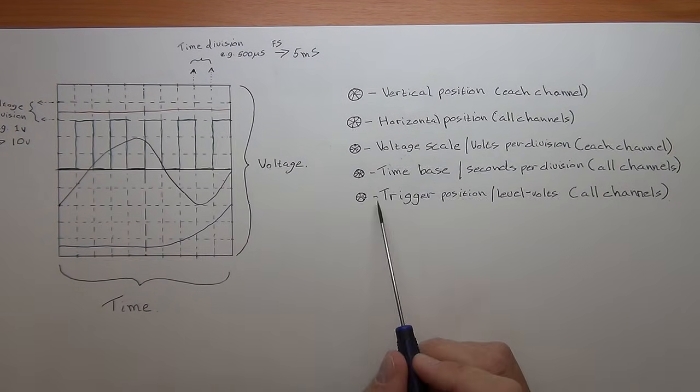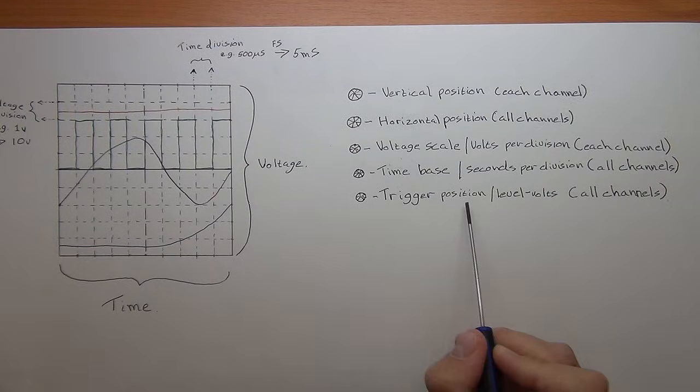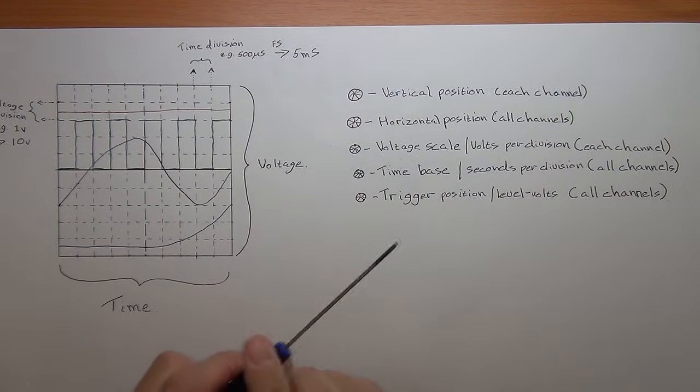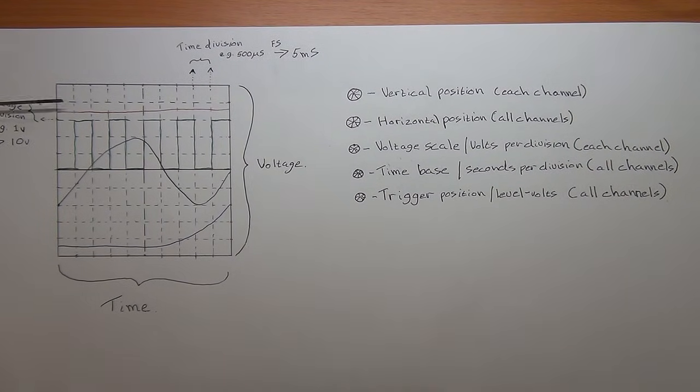Then another interesting and important adjustment is your trigger position, which I'm going to demonstrate now. You can adjust that so that it gives you a stable view of your signal coming in.